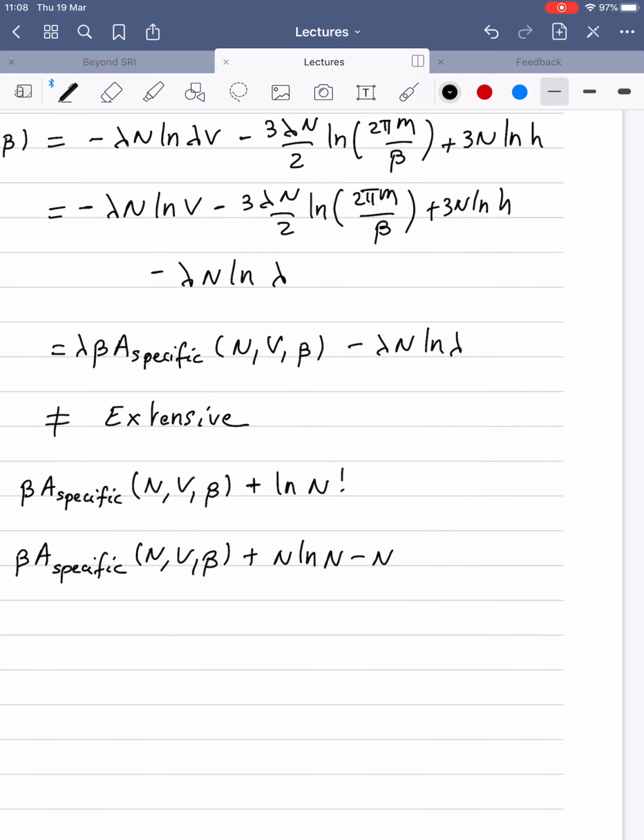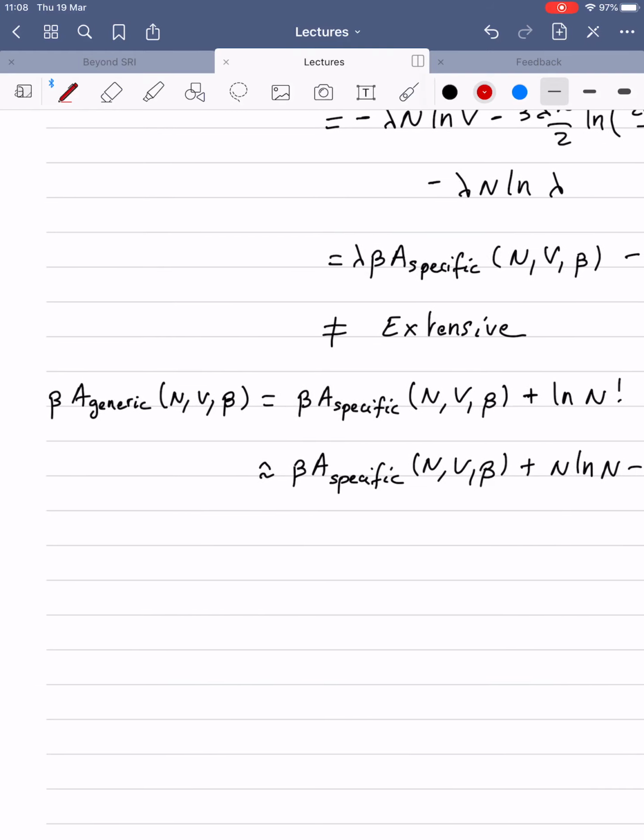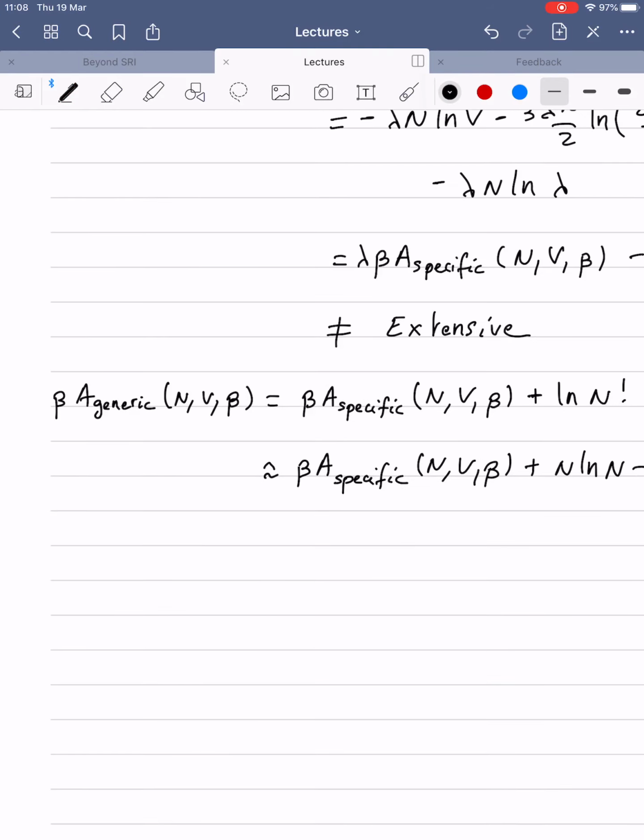Here I've been using Stirling approximation, so that's if n is large enough. And then it's simple because I can simply do beta A generic of lambda n, lambda v, beta.